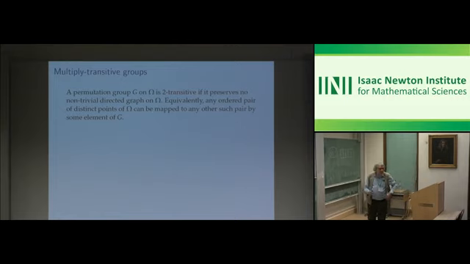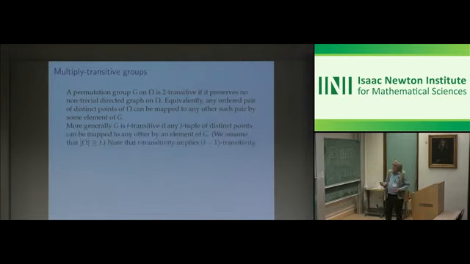Another way of saying that is that you can map any ordered pair of distinct points to any other ordered pair of distinct points by some element of the group. And more generally, t-transitive if you can map any t-tuple of distinct points to any other. And you can phrase that in terms of some sort of oriented hypergraphs if you wish to do.